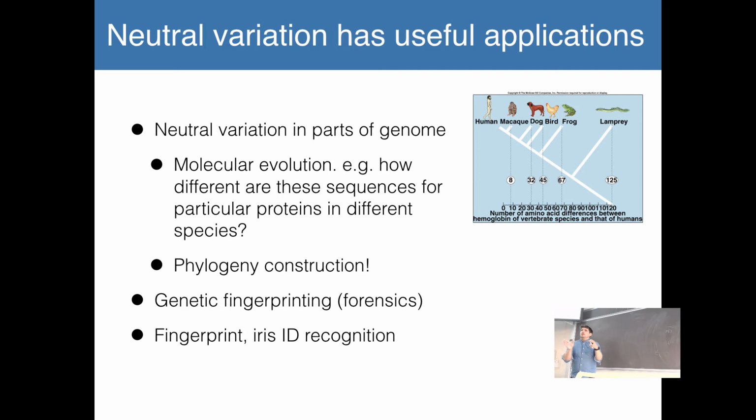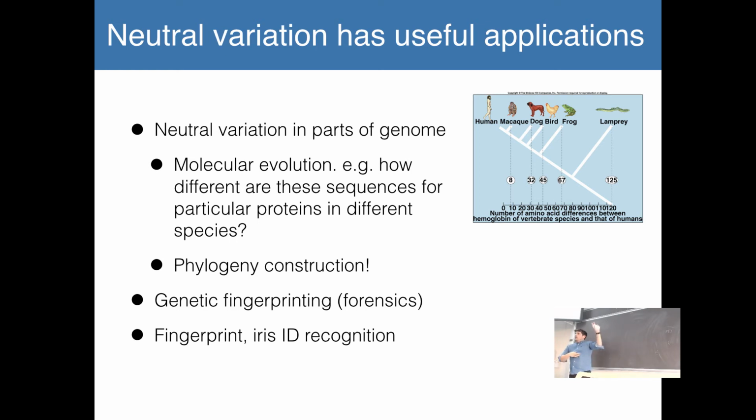So the idea is that if the part of the genome is evolving neutrally, then how different they are in different species tells you how long they've been separated, because it's a random process, so they're going to diverge on average the more time there has been.